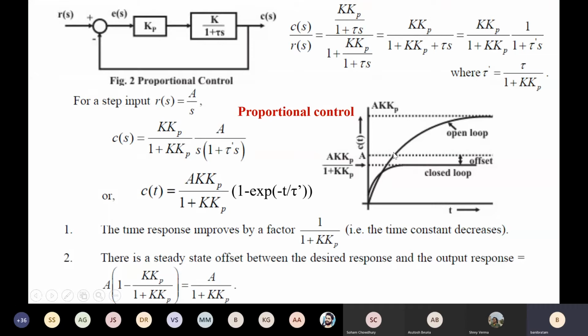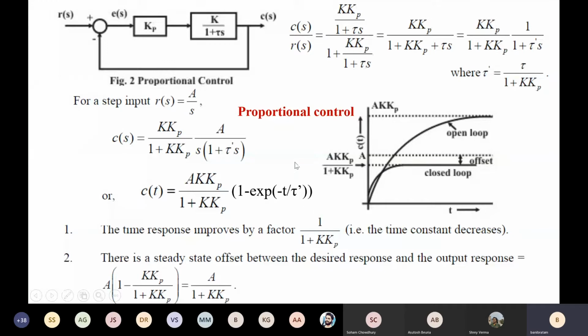Okay, and what will be the steady state error? A minus this factor A K Kp by 1 plus K Kp. So that will give you the steady state error or the offset, which will come as A by 1 plus K Kp, is it not?